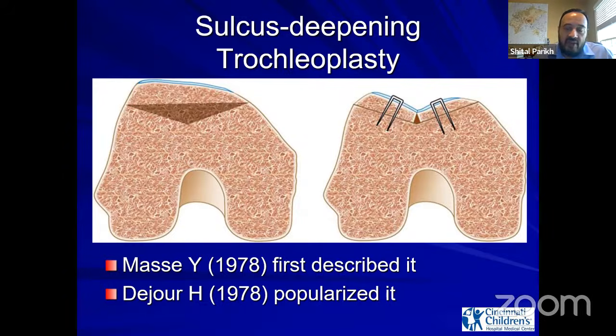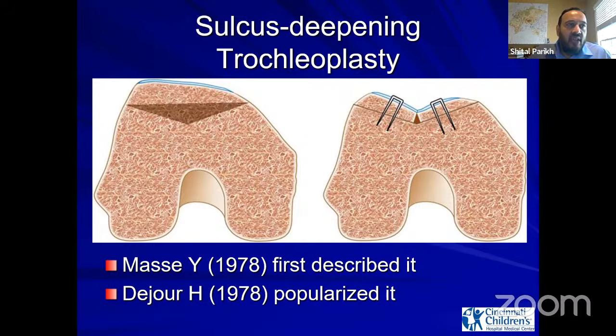There is a trochleoplasty that was described where you can do an osteotomy, and you can bring the trochlea to the level of the anterior femur. It's a wedge resection trochleoplasty that has been done in France. And then there were some older ways of elevating the lateral facet or the lateral aspect of the trochlea by bone grafting underneath. So there are a lot of different ways of doing the trochleoplasty.